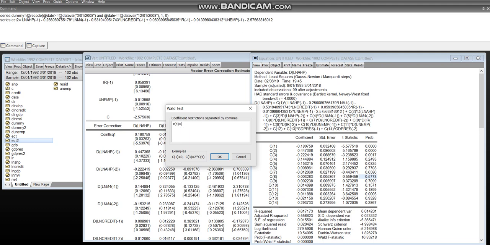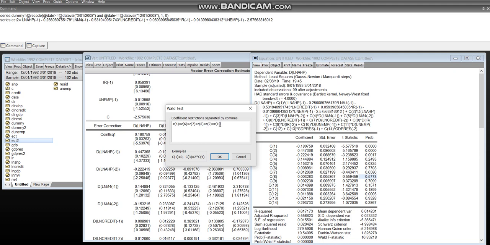C4 equals, we're going to deliberately skip out C5 because it's got a p-value of below 0.05, but we're going to then go on to C6, and we're basically going to do this all the way down with the exception of C12, because that's the constant. Okay, that's the constant, and we're just going to leave that out.